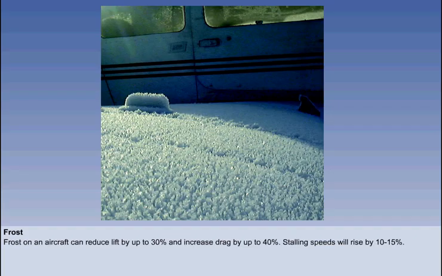An accumulation of a hard layer of frost on the wing upper surface gives a texture of considerable roughness. Tests have shown that leading edge and upper surface contamination, with a thickness and roughness comparable to coarse sandpaper, can reduce lift by as much as 30%, increase stalling speed by 10 to 15%, and increase drag by 40%.